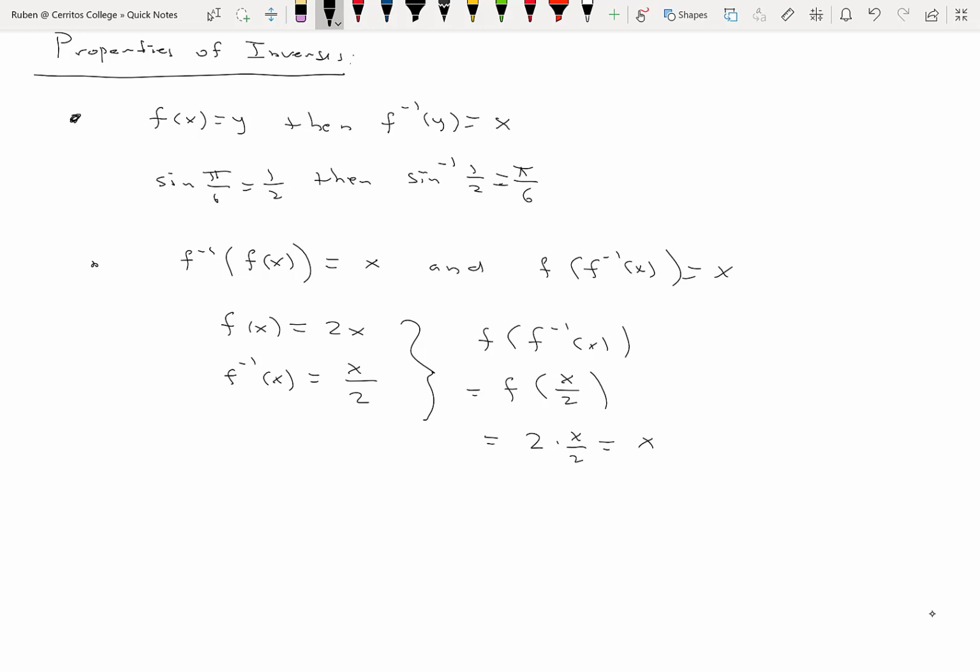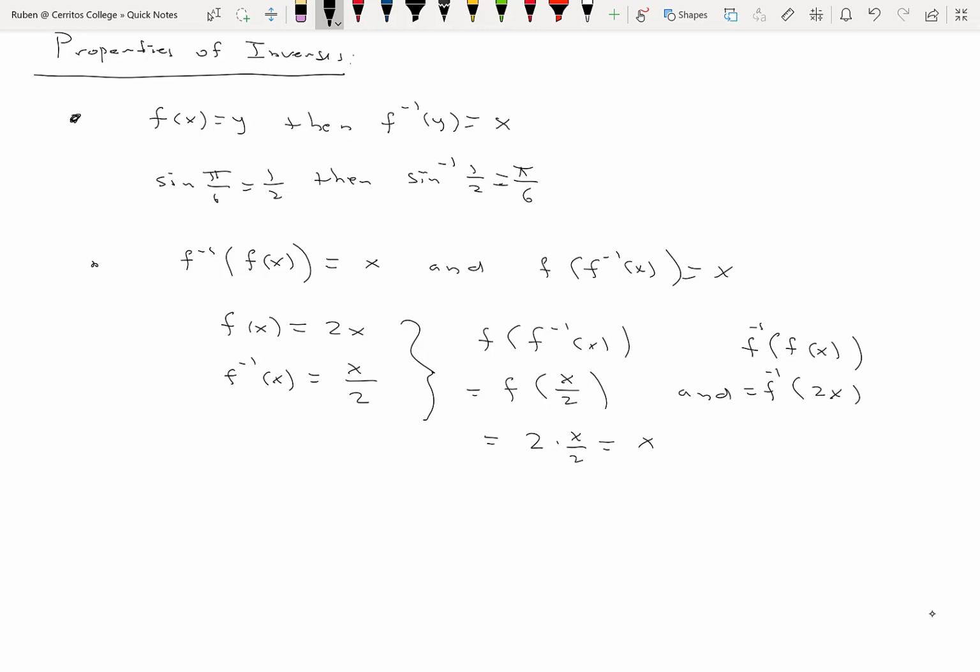If the other equation also holds true, that is f inverse of f of x equals x, then your function and inverse pair are actually function and inverse. So what's f inverse of f of x? f of x equals 2x.